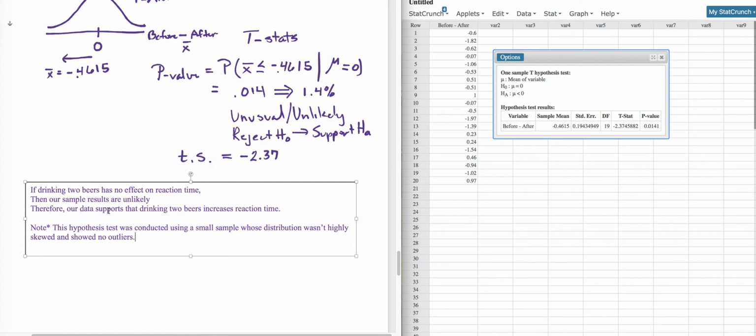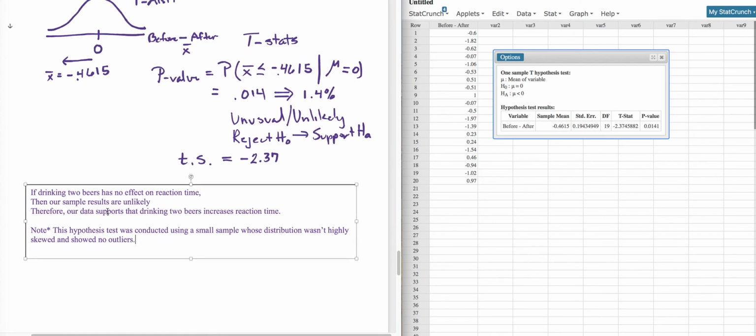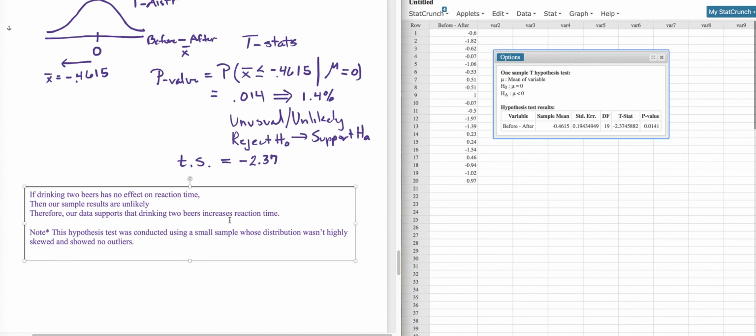Therefore, our data supports our alternate hypothesis that drinking 2 beers increases reaction time. And I did include a note that our hypothesis test was conducted using a small sample whose distribution wasn't highly skewed and showed no outliers.